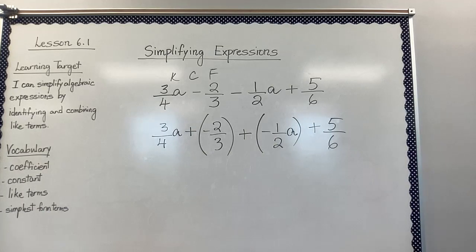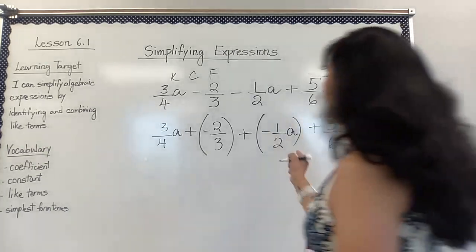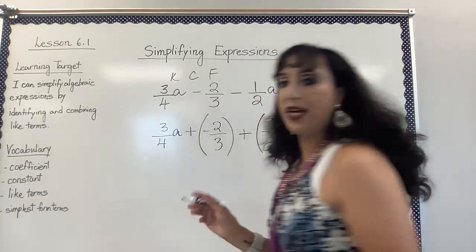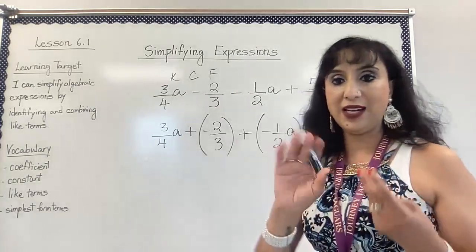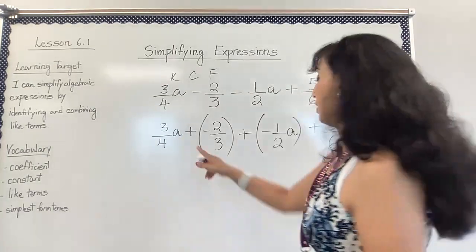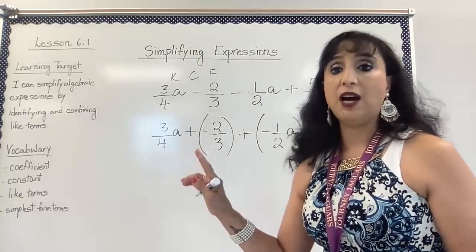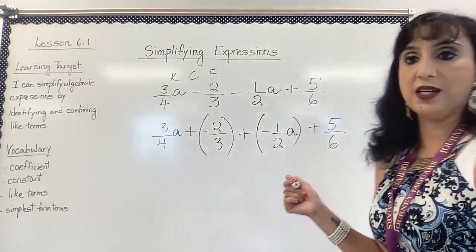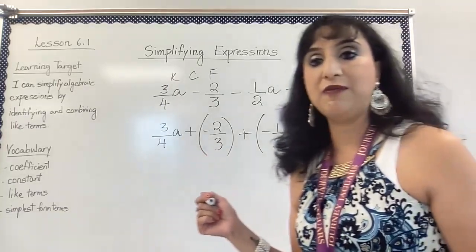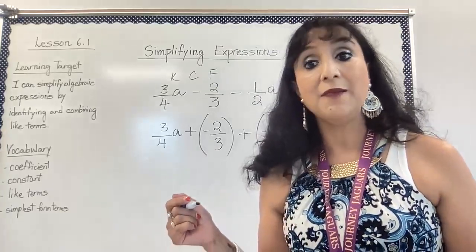Okay, now I'm going to use the commutative property, because with addition I can just change it around or flip it around, and that is the commutative property. Like for example, 5 plus 10 is the same thing as 10 plus 5.